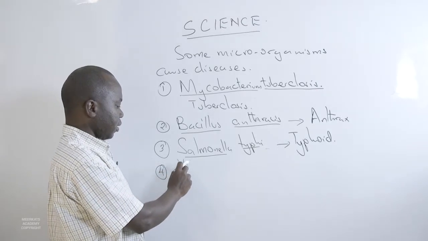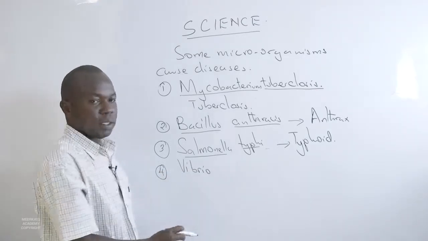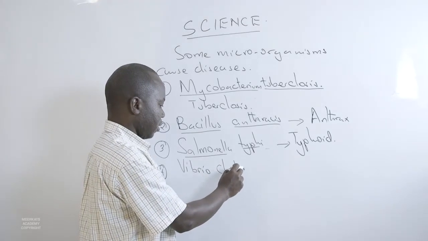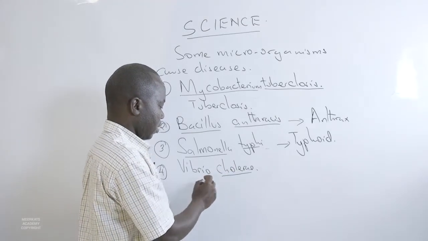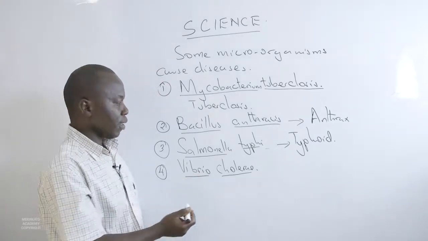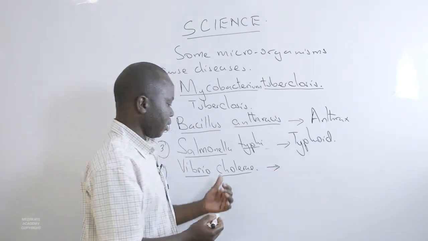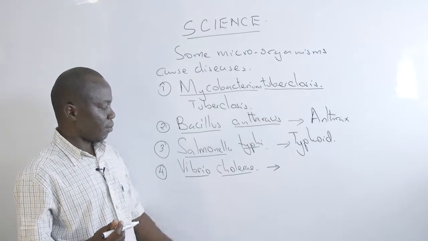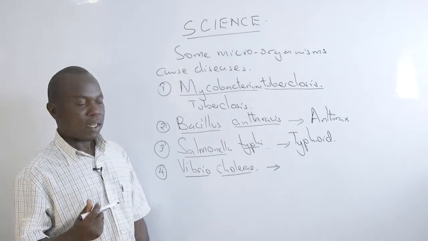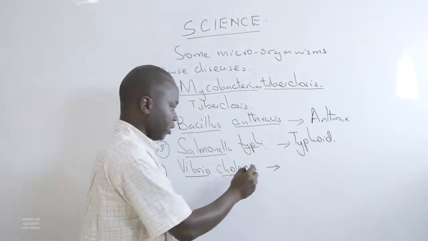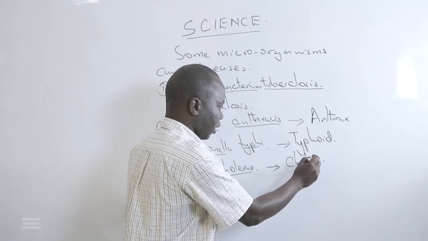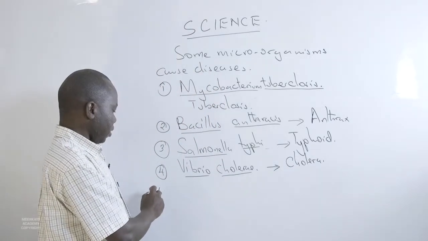We have another bacteria. There are so many. Vibrio cholerae. Again, this one you can easily remember. Just from the generic name of the microorganism, you can tell the disease. The disease is called cholera. So there are many.